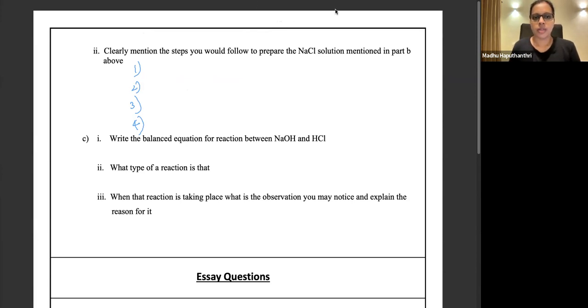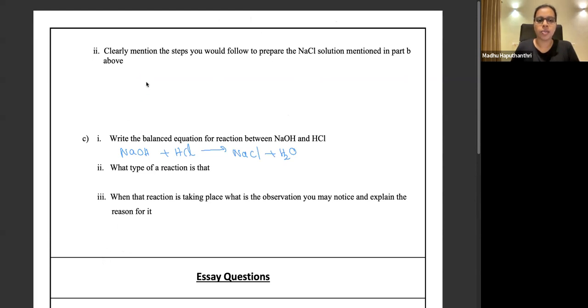Right. Then part C, write the balanced equation for the reaction between sodium hydroxide and HCl. That's easy, eh? Sodium hydroxide and HCl, you are forming NaCl and water. Now you can tell me what type of a reaction is that?